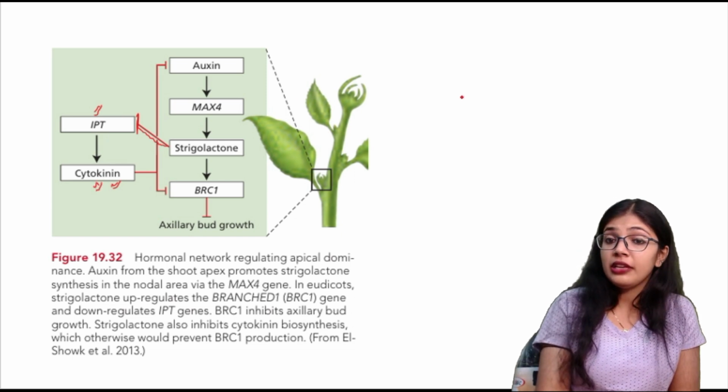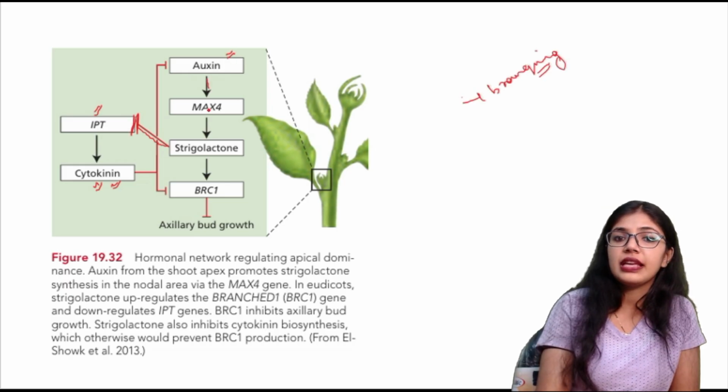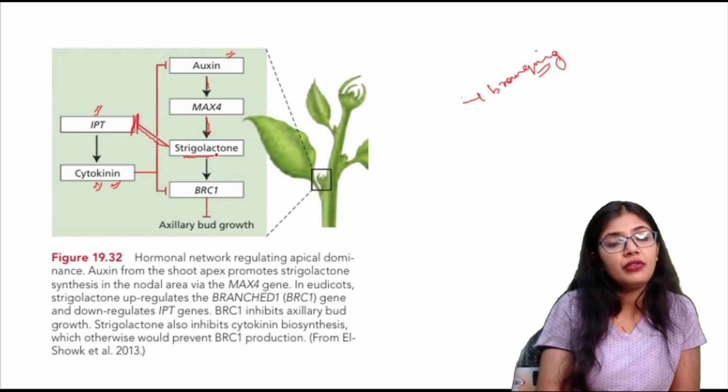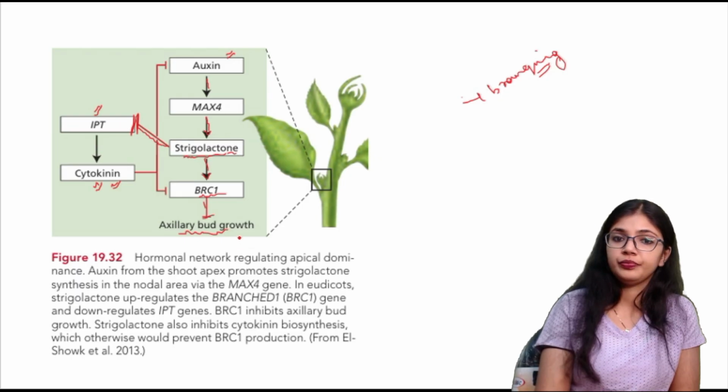Auxin stimulates MAX4 synthesis, and after MAX4 has been synthesized, it stimulates the formation of strigolactone. This strigolactone helps in the activation of the BRC1 gene, which inhibits auxiliary bud growth.